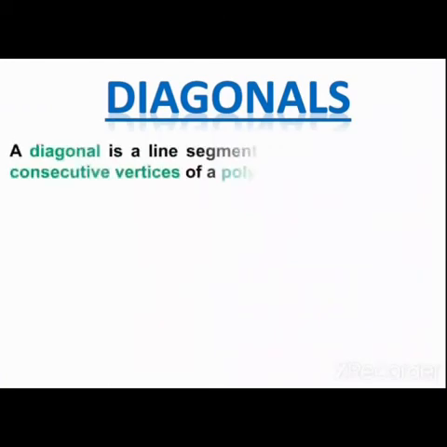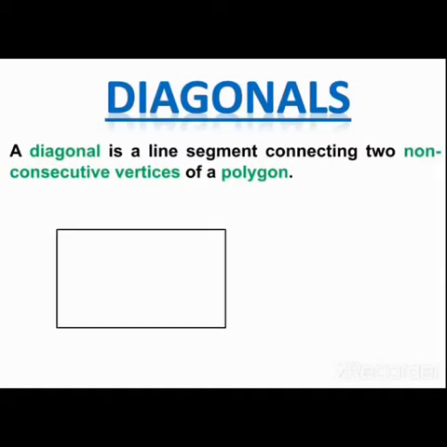Diagonal. A diagonal is a line segment connecting two non-consecutive vertices of a polygon. See, one figure is given. Now A and B: this is the line segment AB. After that B, C. Then C, D. Then D, A. It means here there are 4 sides. AC is a diagonal because both are non-consecutive vertices.